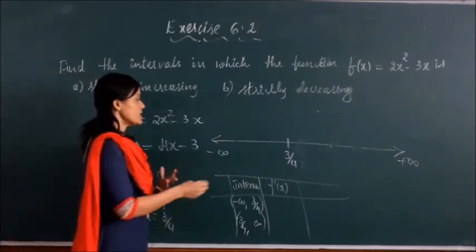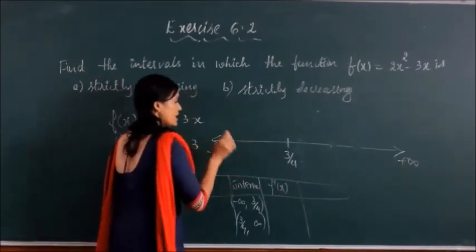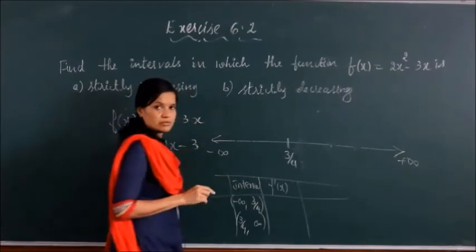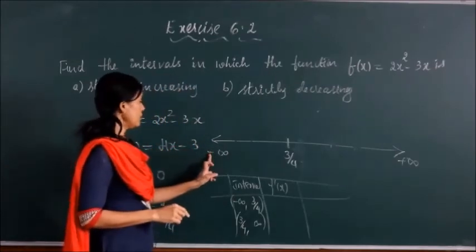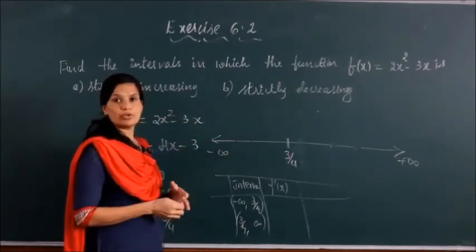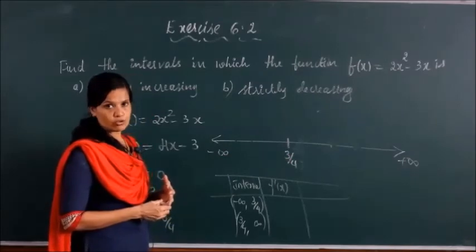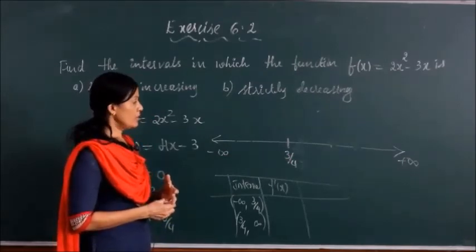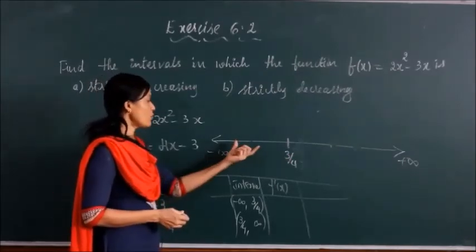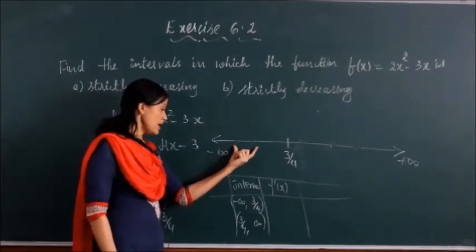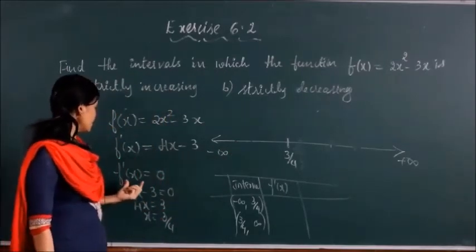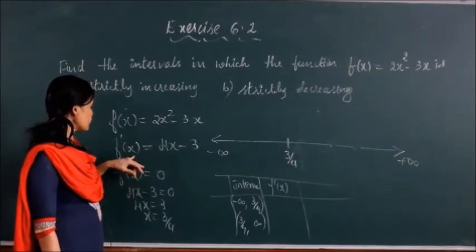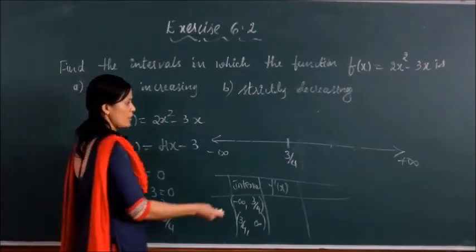What I do is, in this interval between minus infinity and 3 by 4, take any one point and substitute it in f dash of x. For example, take one point as minus 1.